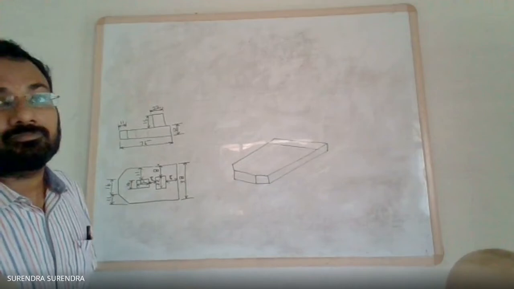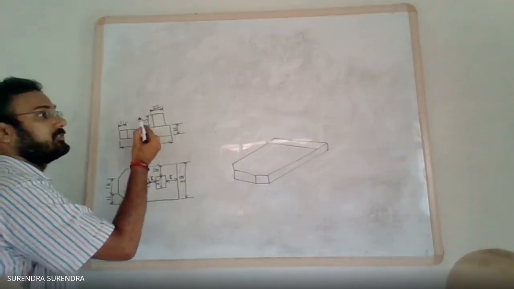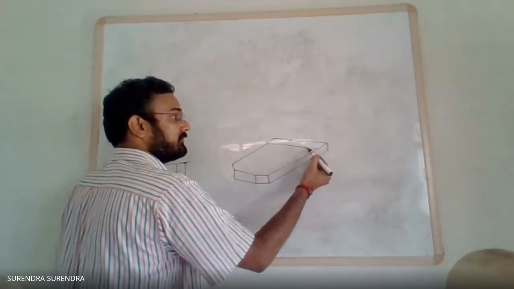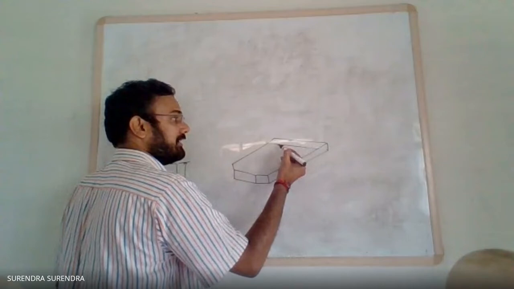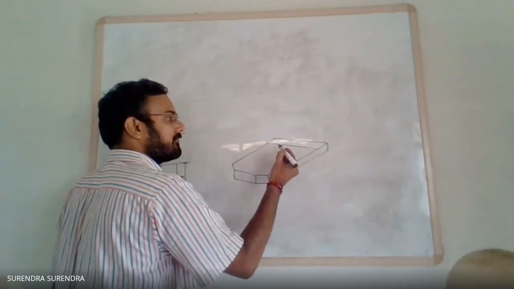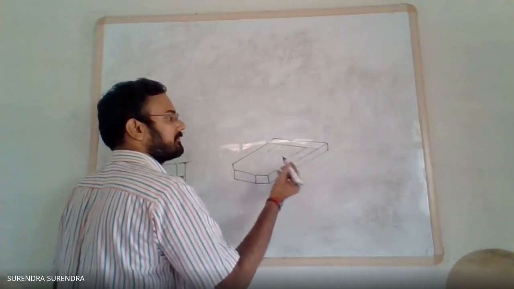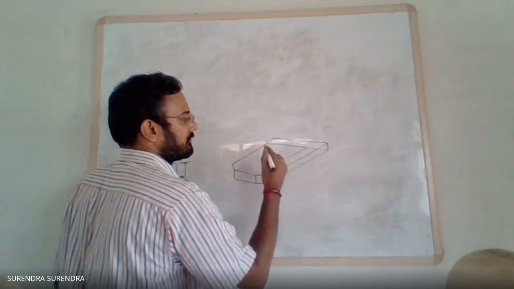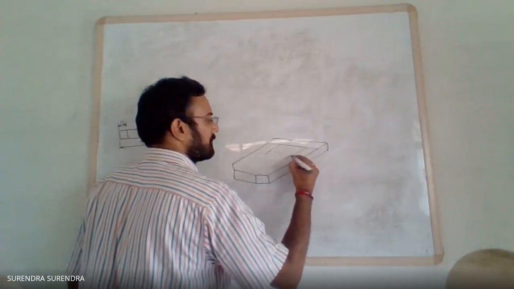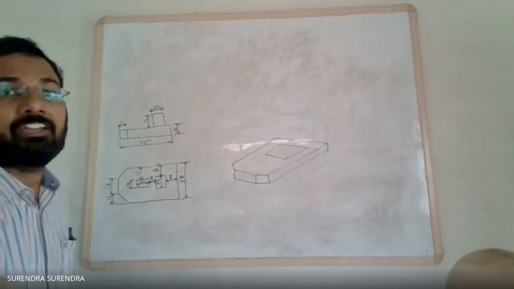Now, here is 22 mm. ఈ width కూడా 22 mm. So from these both ends, ఈ end నుంచి 22 mm long line along 30 degrees inclination. Complete the square in isometric view.